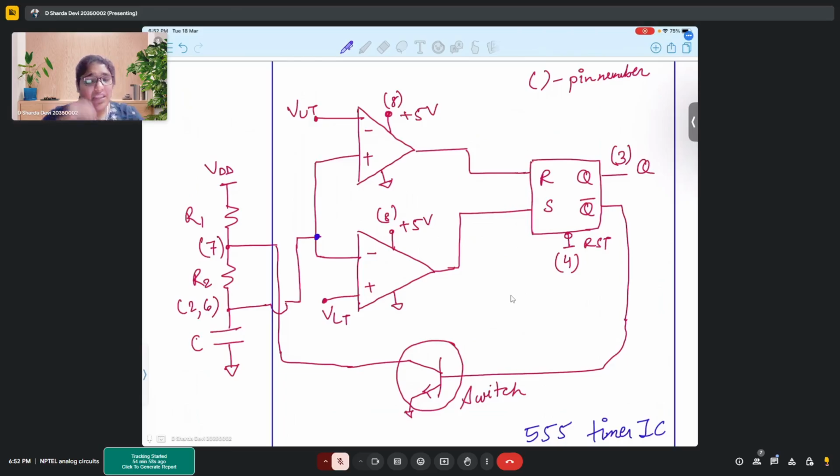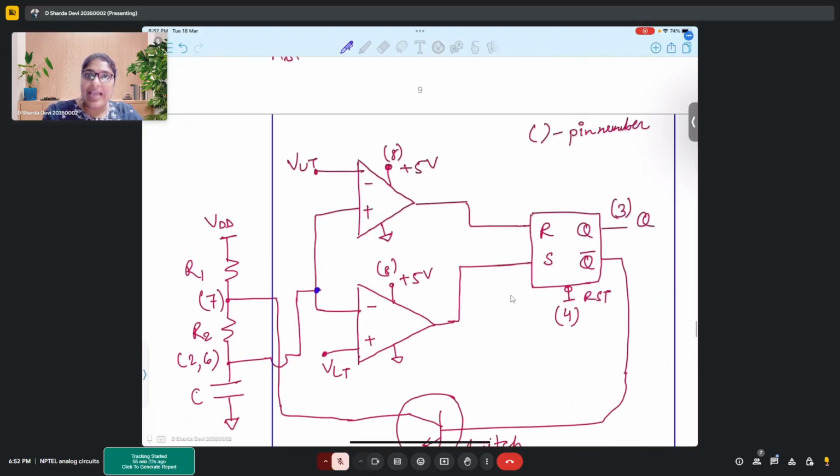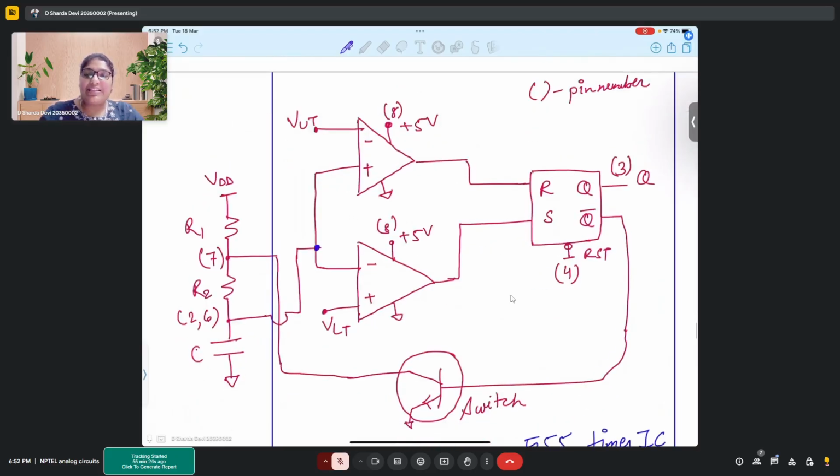And if you are aware of the flip flop, the RS flip flop has situations when it sets, when it resets, when it is in hold state. You can look into this in digital electronics. So based on those combinations, whether it is 00, 01, 10, 11, your output of the flip flop changes, and based on that the switching operation happens. And with that, it defines whether the capacitor is charging or discharging.